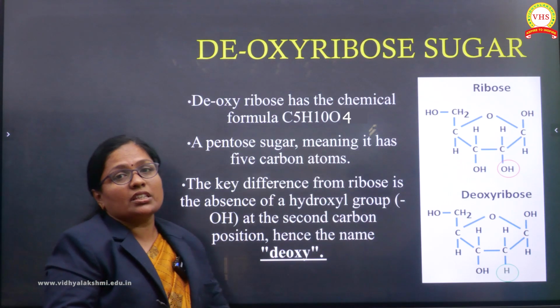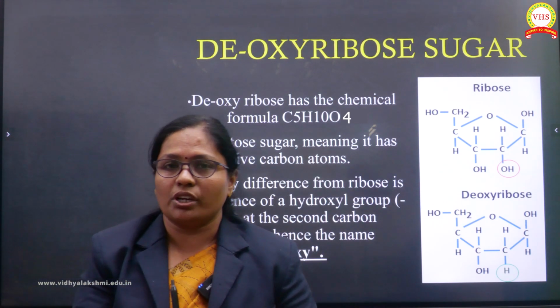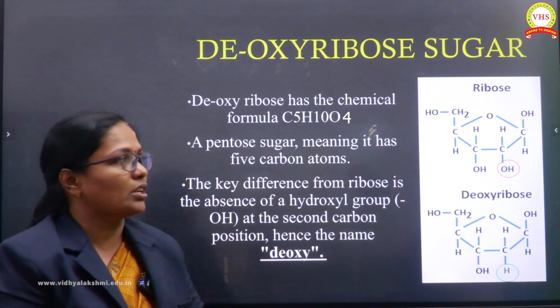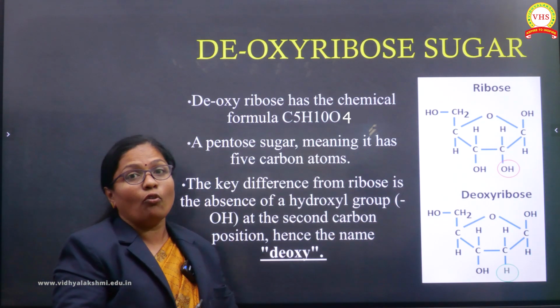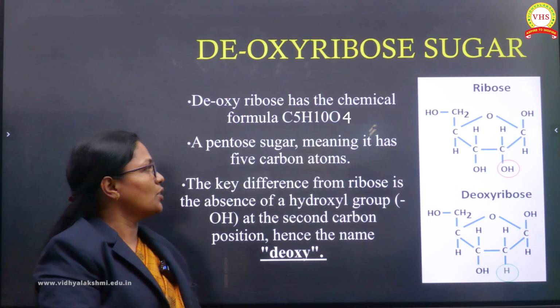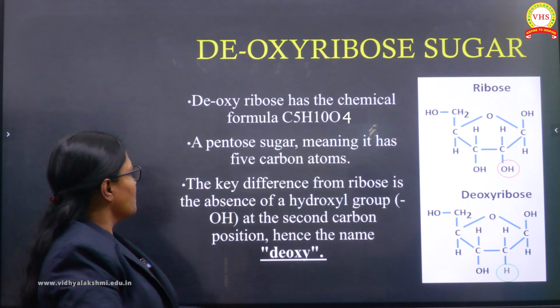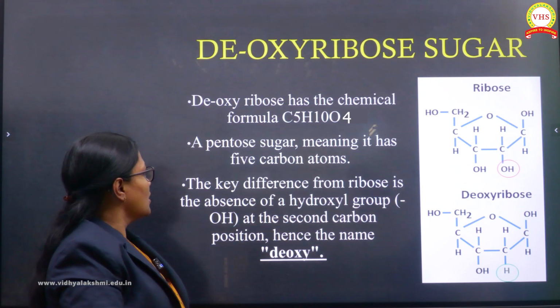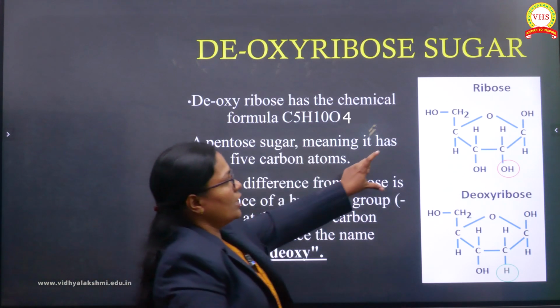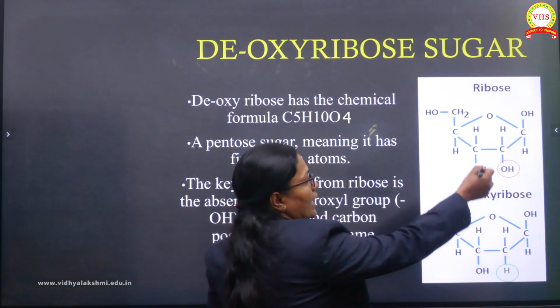And then deoxyribose sugar. From ribose sugar, we are going to learn how deoxyribose sugar is made. It is C5H10O4, also a pentose sugar, meaning it has 5 carbon atoms. The key difference between ribose and deoxyribose, like you see in the structure here, is in the second carbon.